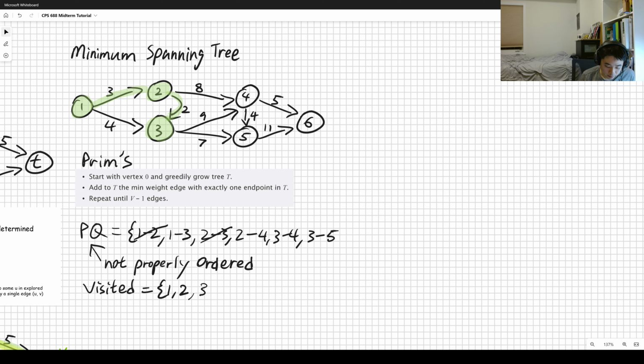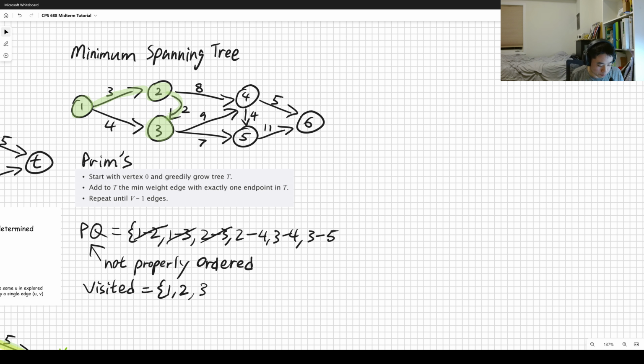Now, among all the edges that we haven't visited yet, there are 4 right now. 1, 3 is going to be the smallest here, but because there is a cycle, we're not going to add that. So we're not going to add this. So let's pick the next one.